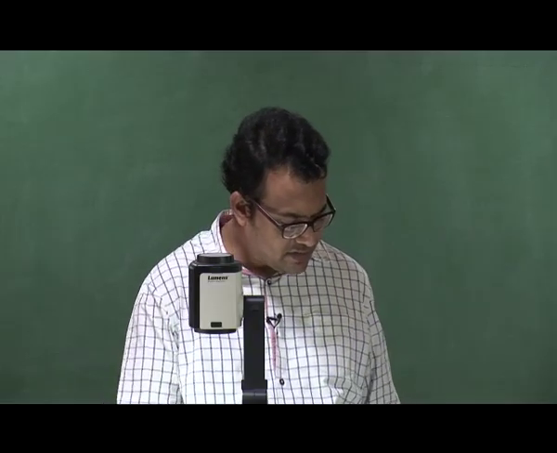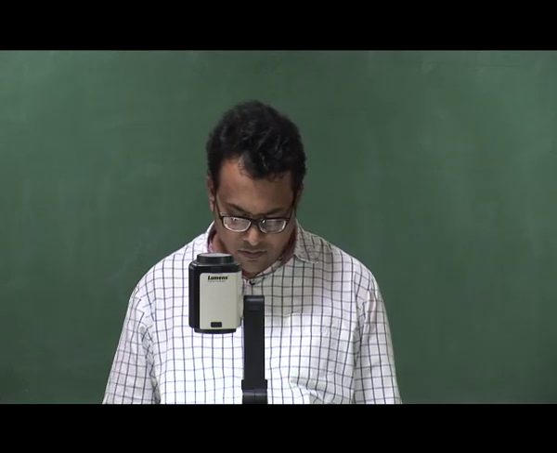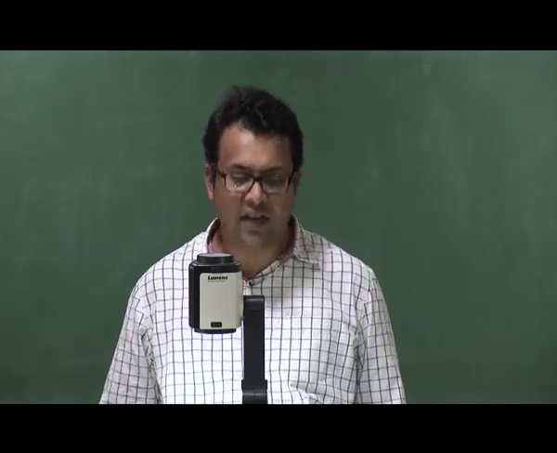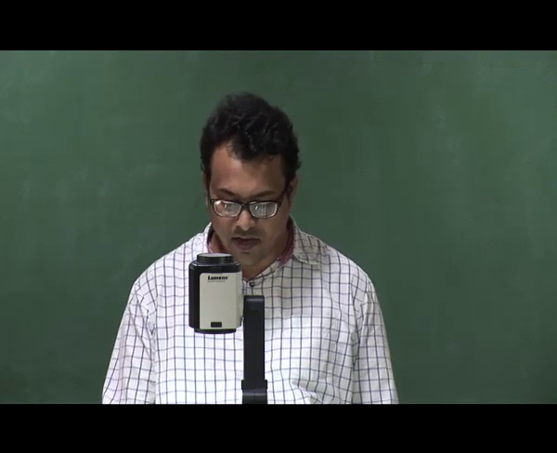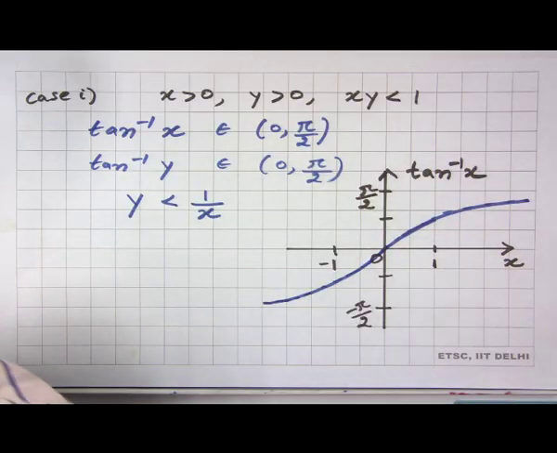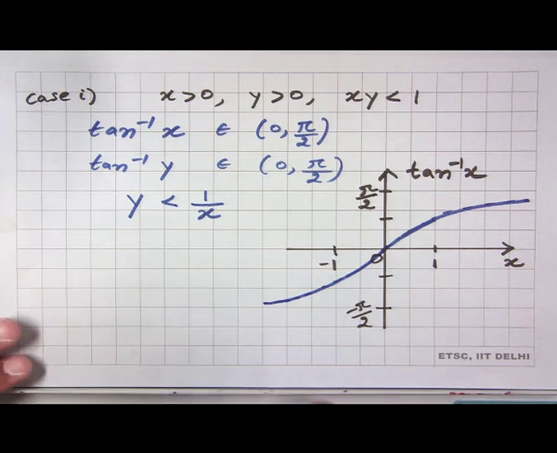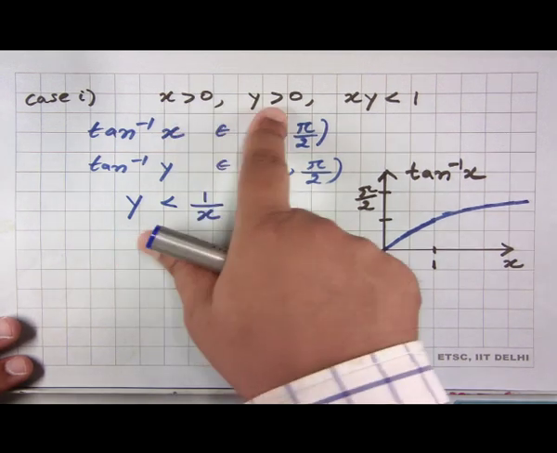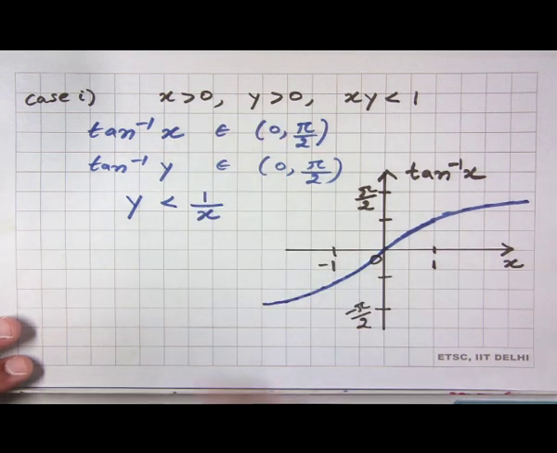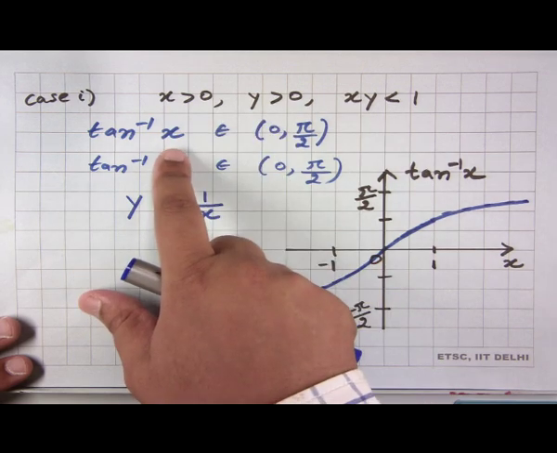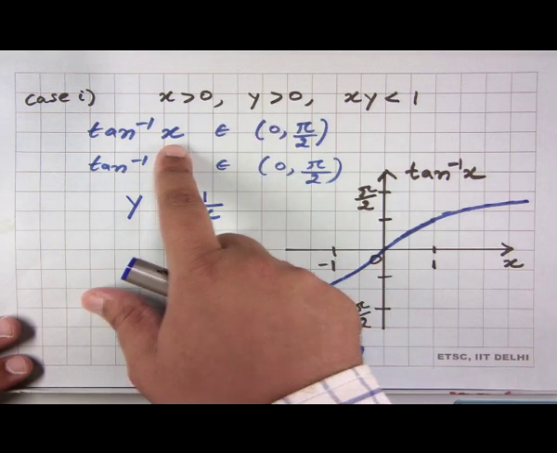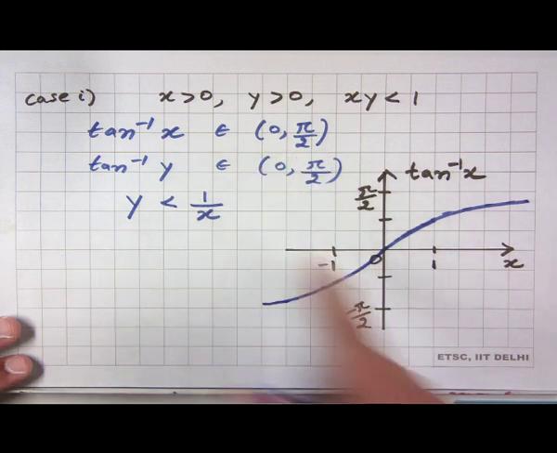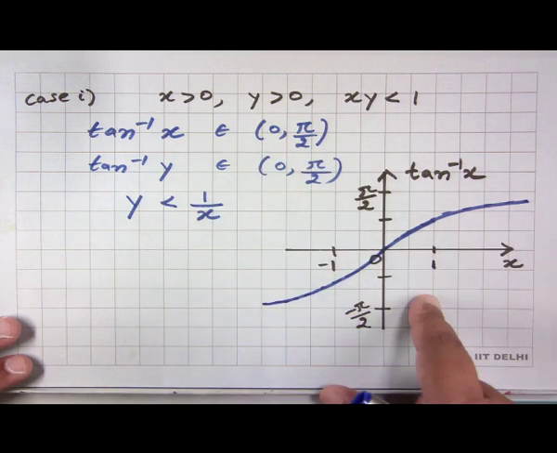So, let us take the case when the product of x times y is less than 1, and both x and y are positive. Since x and y are both positive, tan inverse x will belong to the interval 0 to pi by 2, and that is clear from this graph of tan inverse x.